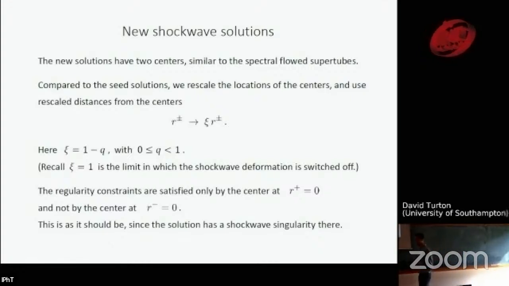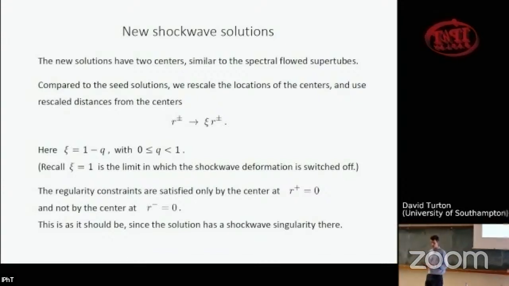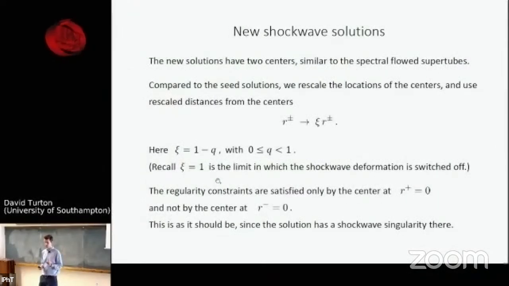Sorry, when you say it dominates the background, what exactly do you mean? You'll see it a little bit when I show you the plot of charges. But basically, these solutions rely on the shockwave and the part which is not the shockwave, both contributing at order 1 to the back reaction.